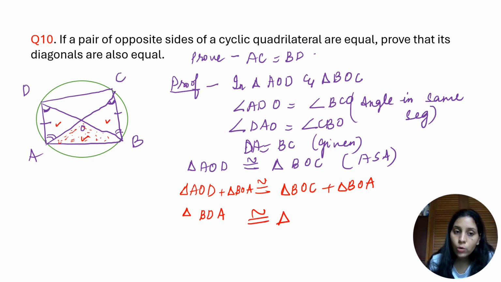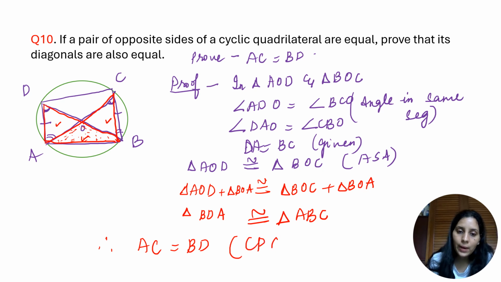Similarly, BOC plus BOA will give me triangle ABC. Now that I have got this triangle congruent to this triangle, therefore I can write AC and BD are equal by CPCT.